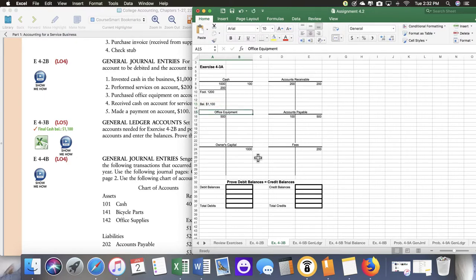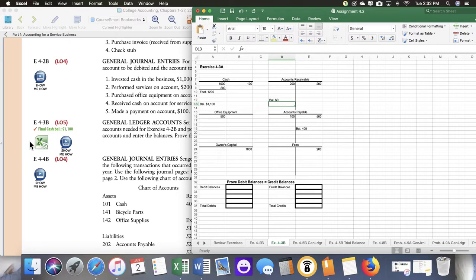Office equipment, capital, fees do not need balancing. Accounts payable, our balance is going to be $400, so 500 minus 100. And then in accounts receivable, our balance is going to be 0.